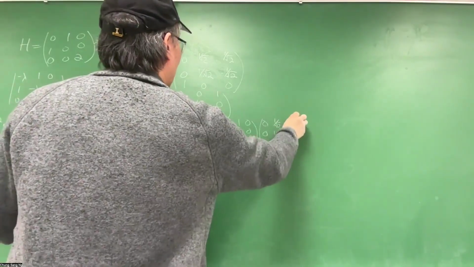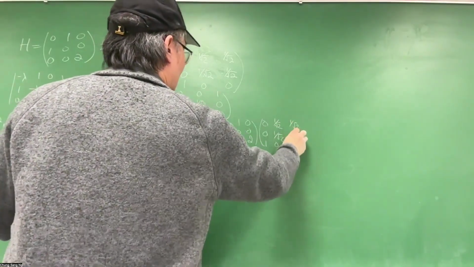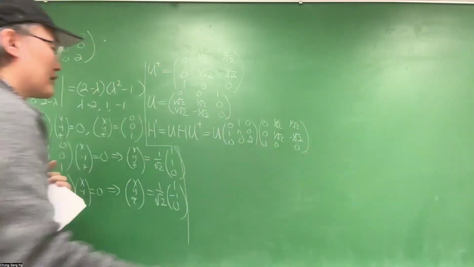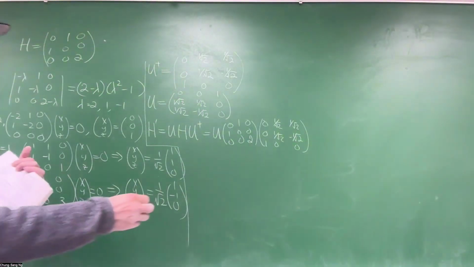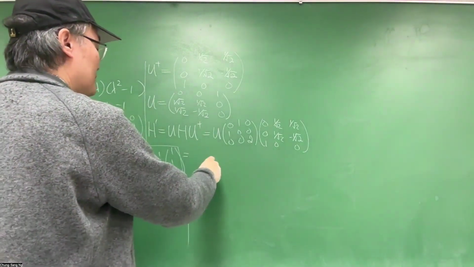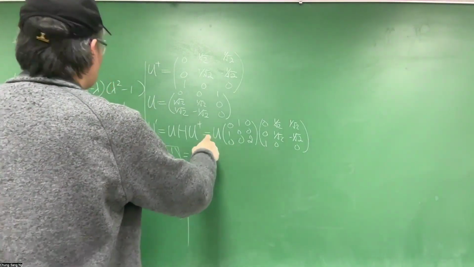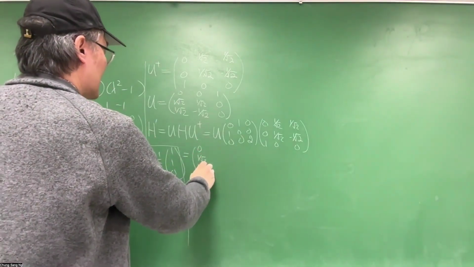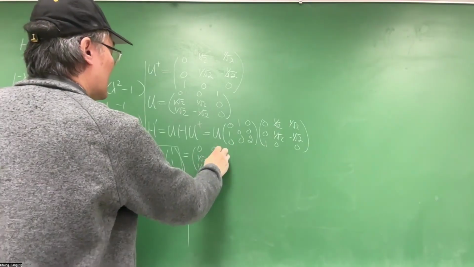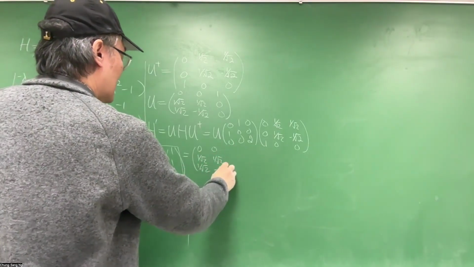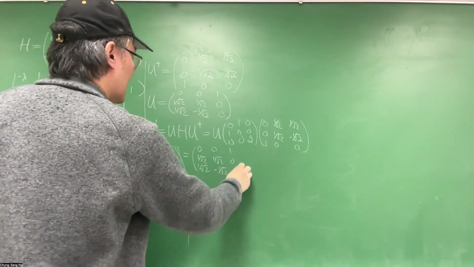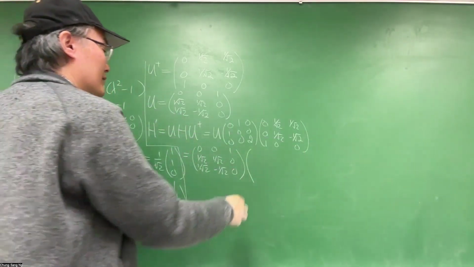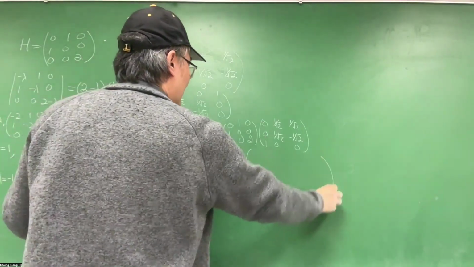I mean, this is just to check it explicitly. We just did the general formula, so you should expect it to work out, but we'll just check it explicitly. So this U is this one.